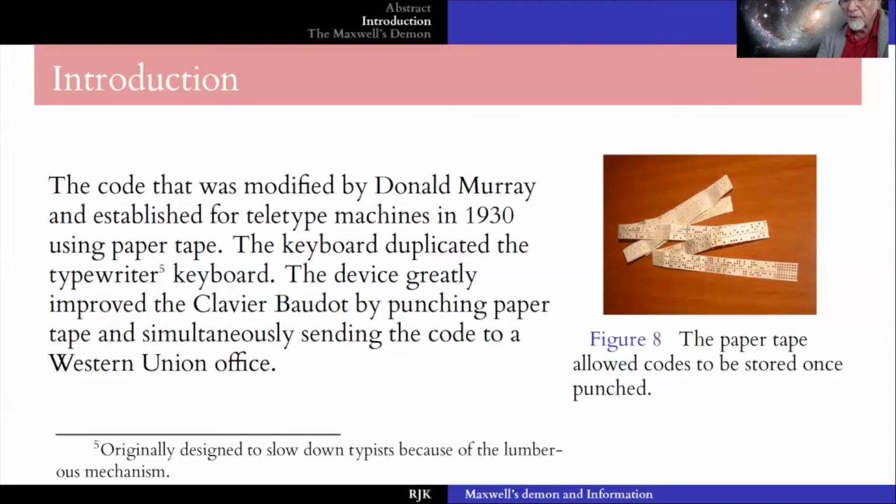The bits would be received at a teletype at the other end, and it would punch the paper tape, and because it was using letters, it also had a typewriter built into it. Okay. And it would print the letter on a piece of paper.